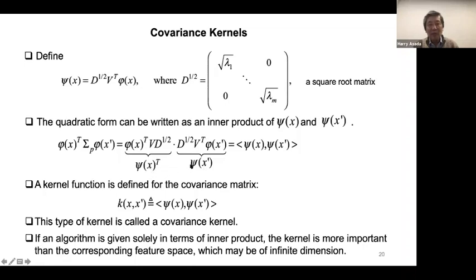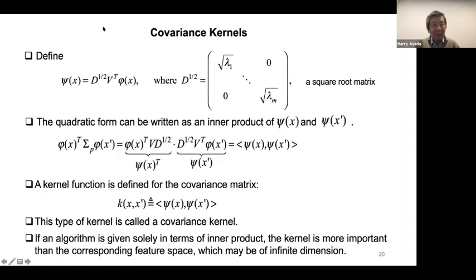And you can see this is an inner product, because it's just a transpose and then the original matrix vectors. So this is nothing but the inner product, right? So a kernel function is defined for the covariance matrix. So covariance matrix and kernels are almost synonyms. A covariance matrix, by definition, is symmetric and positive definite, right? So we can always reduce that to kernel functions like this.